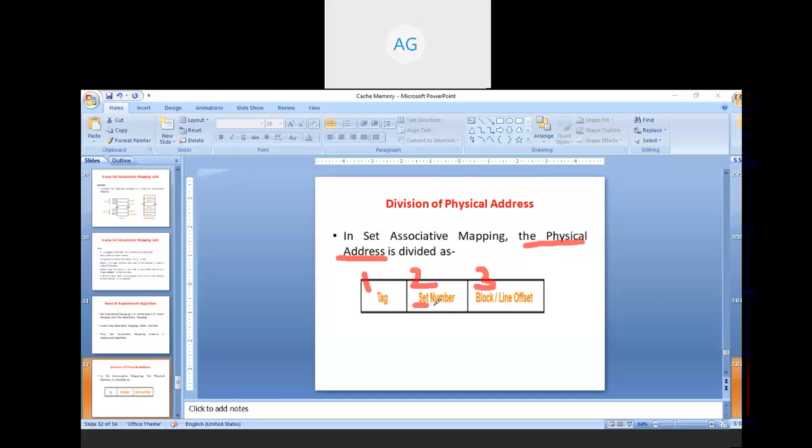Here you can see an important difference. In set associative mapping, the second field is the set number, because here we introduce sets. Whereas in direct mapping, in this place there is the block number in place of the set number. Just remember this type of physical address, which is very much used in solving the numerical problems that we are going to discuss later.